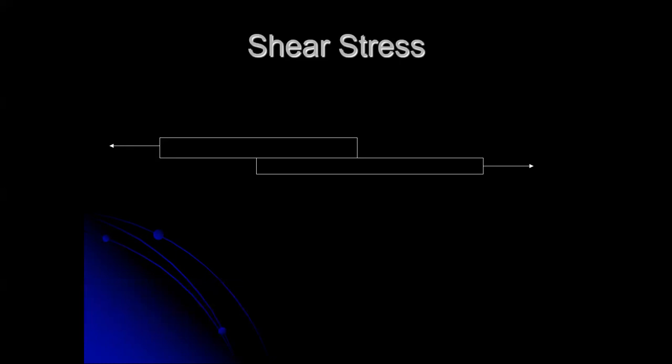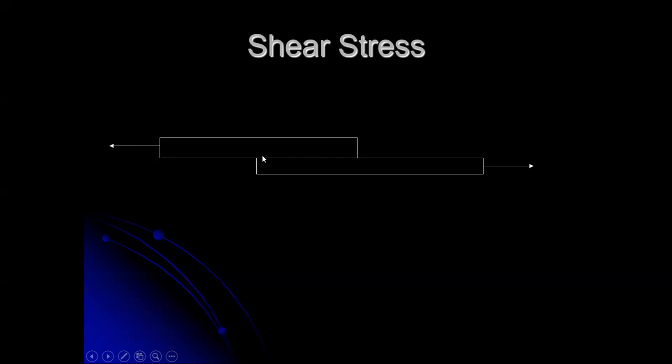What's being shown is that we've got a force pulling to the left and a force pulling to the right. If this is in equilibrium, then these two forces have to be the same. What's holding this together is going to determine how much shear stress we're dealing with. The simplest way to figure out shear stress, the first basic example, would be to consider gluing these together.